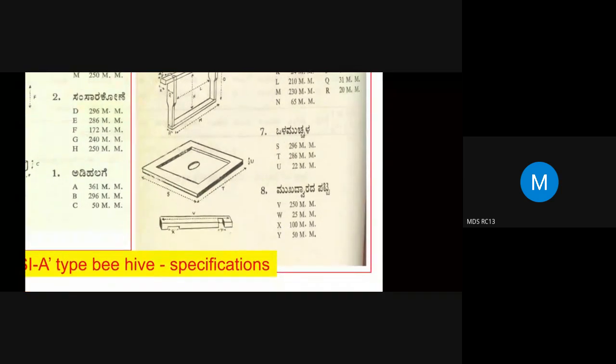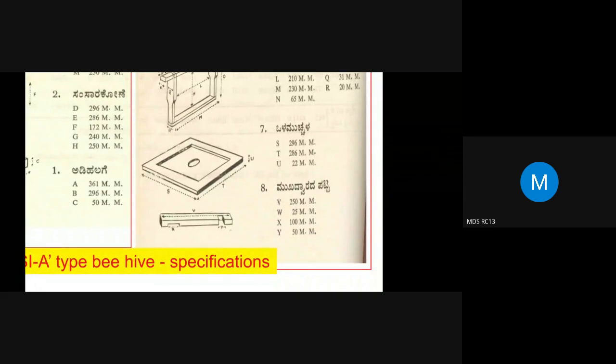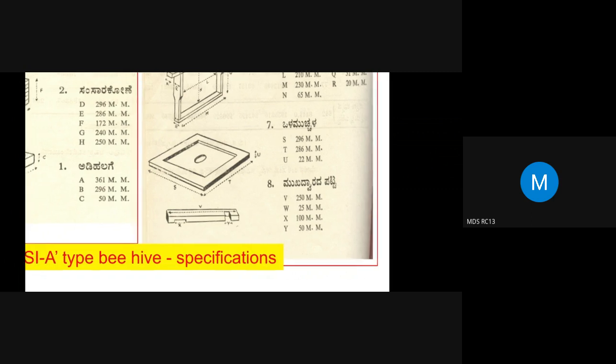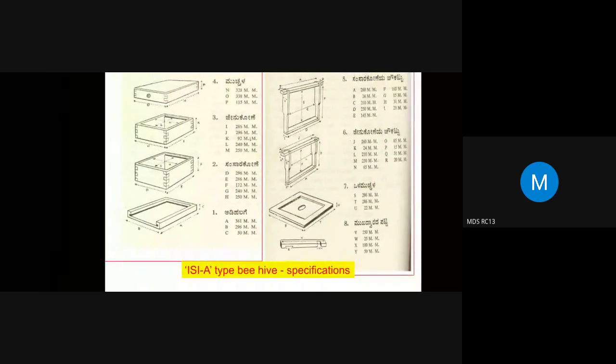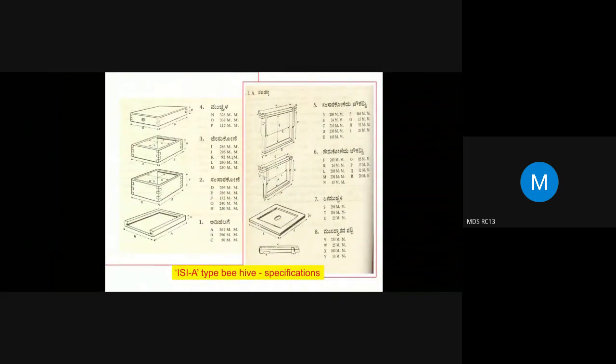And in the lower parts you can see the inner cover, what I told, that is used after the top cover on the top. And the last one you can see is the wooden gate where the movement of worker bees is allowed. And another one is the queen gate. The queen gate is also used in times when there are chances of escape of the queen bee.